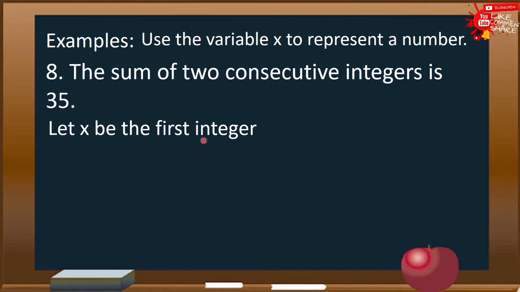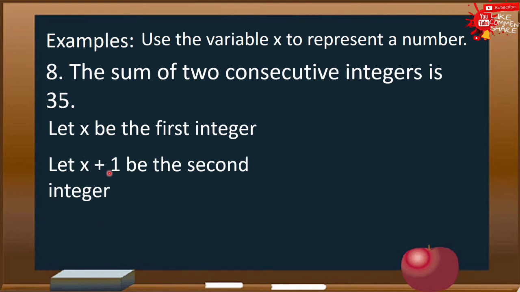So if x is the first integer, what will be the next integer? We will have it as x plus 1, since we only add 1 to the first integer to get the second integer. So if our first integer is x, therefore, the second integer will be x plus 1.